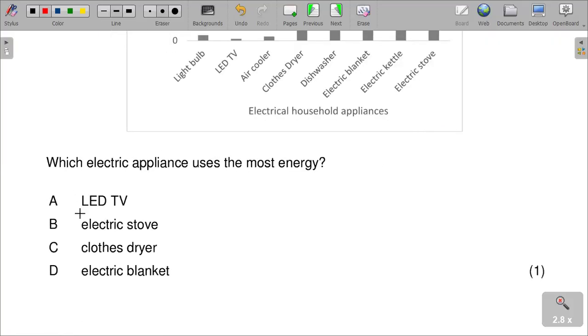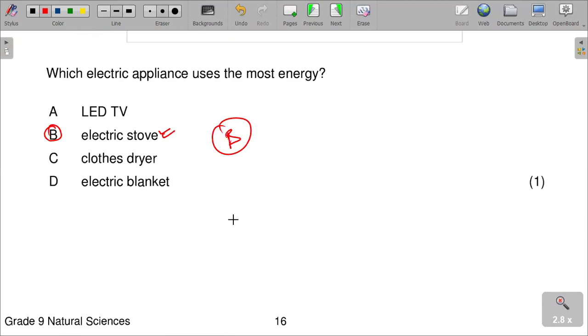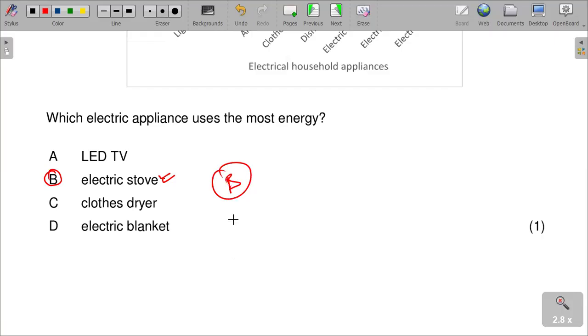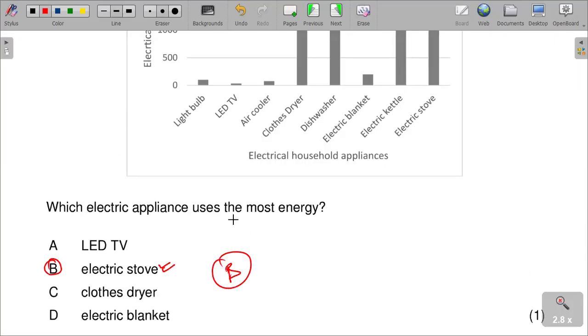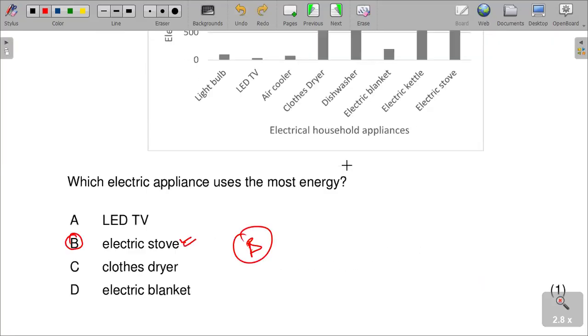So it is the electric stove, as you can see, it has the highest bar there. That is how you get the answer.